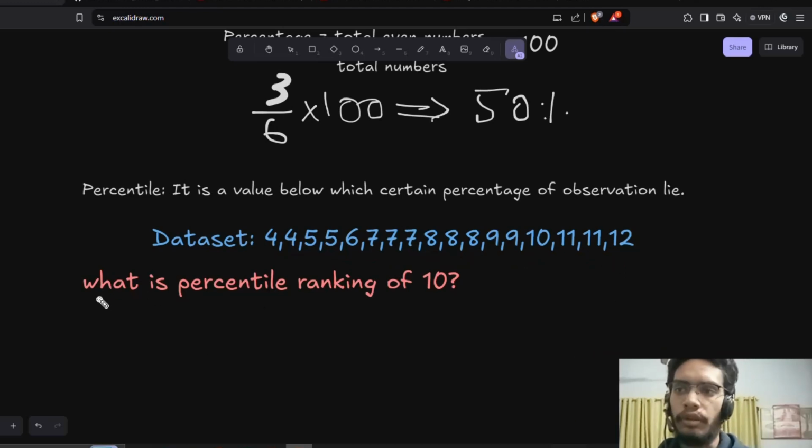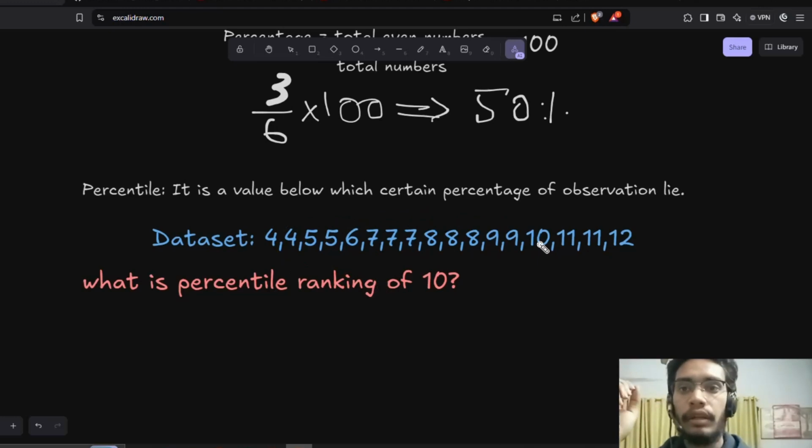So here's the question. What is the percentile ranking of 10? What does that mean? In the data set, this is the number 10 present here. Now it says how many values, or what percentage of values, are present below 10.